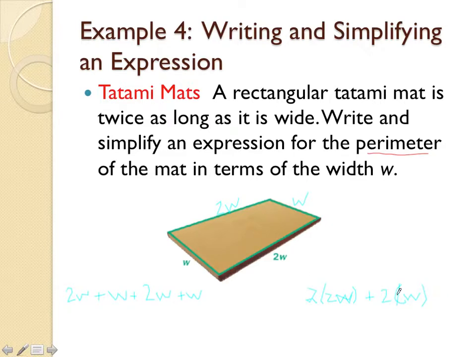If you're using this way, you're going to have to use the distributive property. If you write it this way, the number sentence is longer, but you don't have to distribute here. Either way, you'll end up with the same answer.